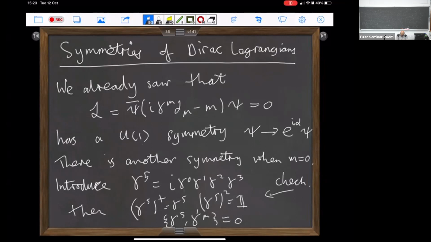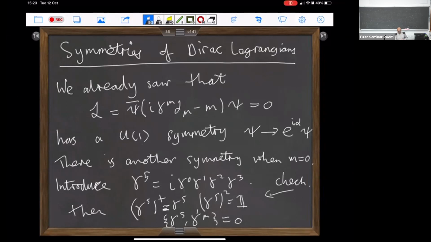So in order to make that manifest, we have to introduce another operator, which is called gamma 5. We'll define it to be the square root of -1 times the product of the 4 gamma matrices. Gamma 5, the way we've defined it, is Hermitian. It squares to 1, and it anti-commutes with the 4 gamma matrices.